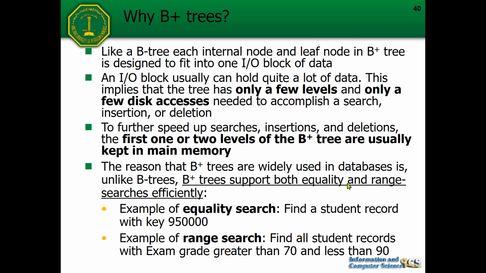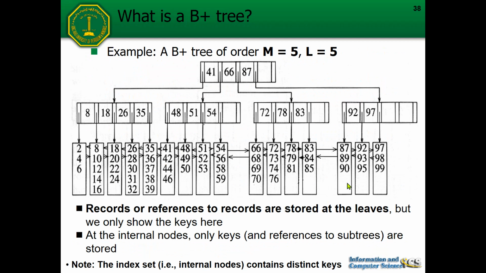Now we will look at an example of why we can do range search very efficiently using a B+ tree. Let's look at this example. Say we want to search for keys between 51 and 54. This is 51 and this is 54, right?